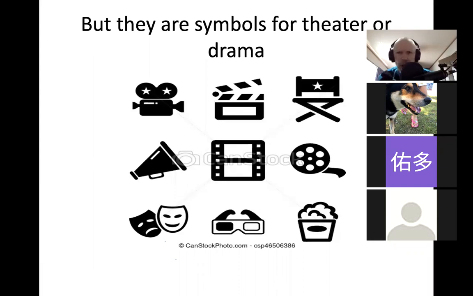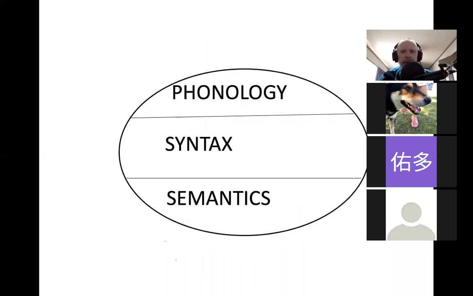They're just symbols for that. So we're using these pictures as symbols. Now, probably animals get indexes. Maybe they don't get icons, and they probably don't get symbols. Well, then again, maybe we can teach dogs, for example, but usually they don't. Anyway, think about that. So anyway, let's get back to this.